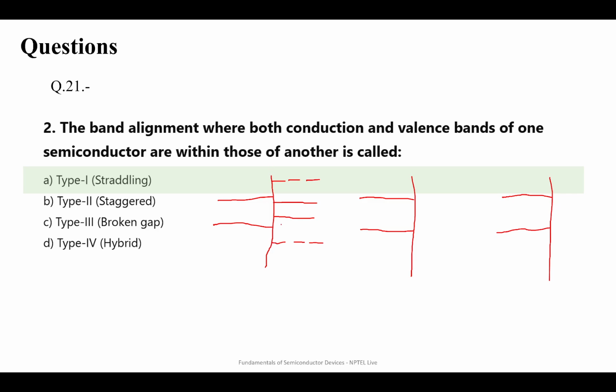So in this case, the conduction and valence band of the second material are inside the conduction and valence band of the first material. And if you consider this dashed line, then the conduction and valence band of the first material is inside the conduction and valence band of the second material. For staggered, you can have it like this or like this.